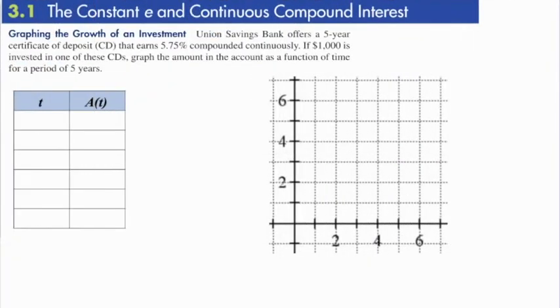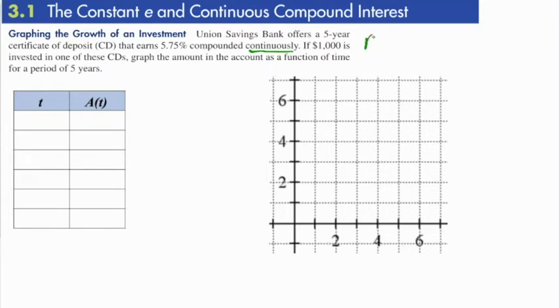So here we're going to graph the growth of an investment. The problem states Union Savings Bank offers a 5-year certificate of deposit, what is also known as a CD, and it earns 5.75% compounded continuously. Once you see that word continuous compounding, you know you're using e as the natural base. If $1,000 is invested in one of these CDs, graph the amount in the account as a function of time over a period of 5 years.